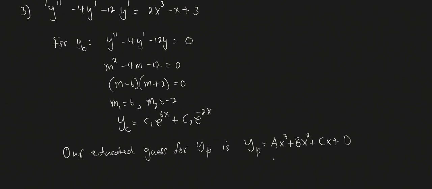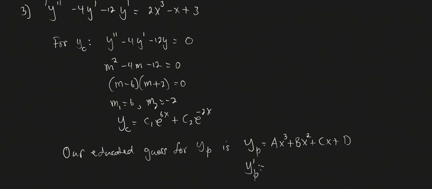But again, since we have several terms in our educated guess, what we think is the input for this problem, I'm going to go through and do the required derivatives individually. So I'm going to write down the first derivative, second derivative, then we essentially combine them all based on what our operator does.